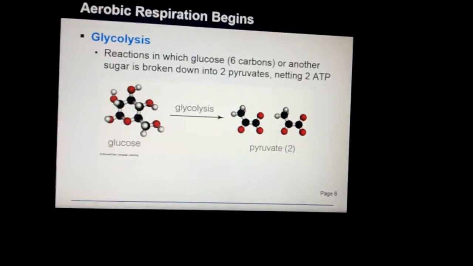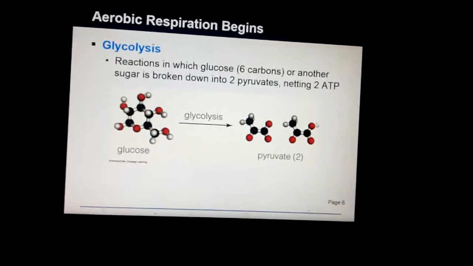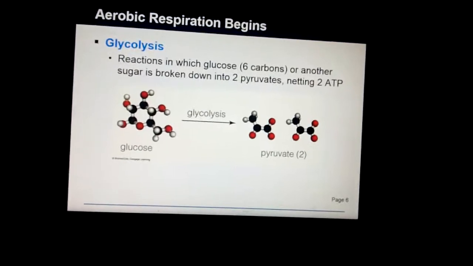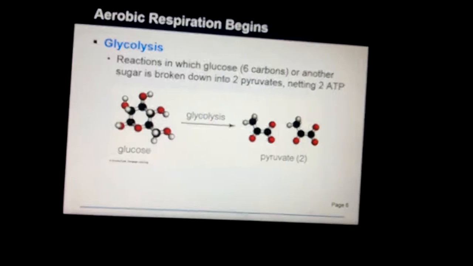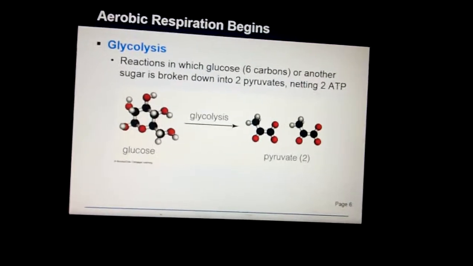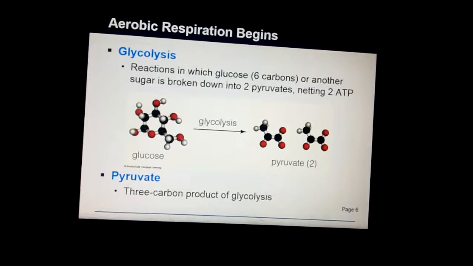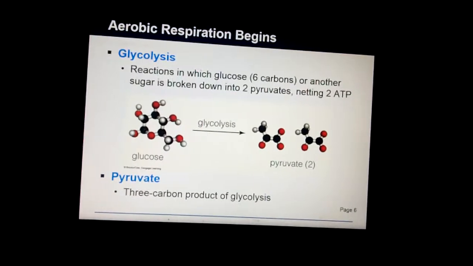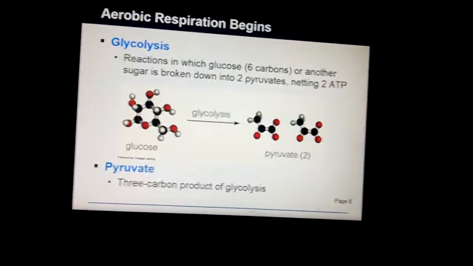The word glycolysis is a compound word. The prefix glyco means sugar, and lysis means to break. So that's the main goal of this pathway, to break a molecule of glucose. So I mentioned the end product is 2 molecules, each one containing 3 carbons, known as pyruvate.